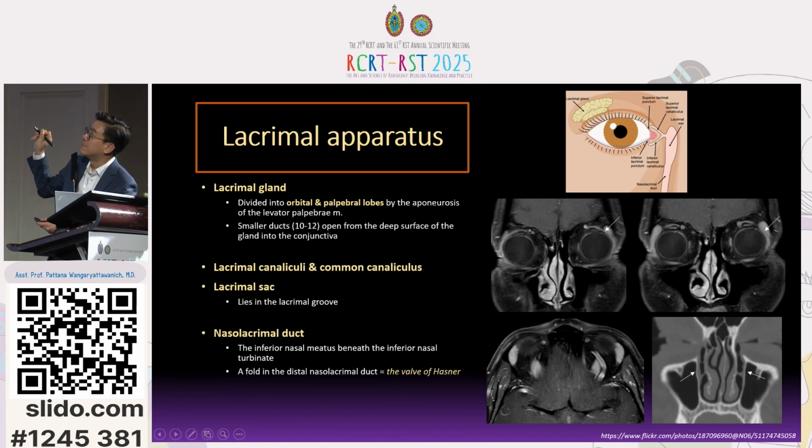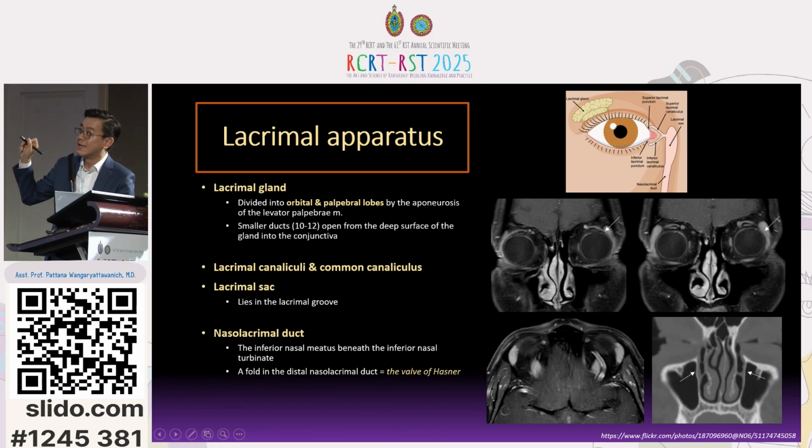It drains from the conjunctival surface into the lacrimal sac through the small canaliculi, and that's the common canaliculus. Eventually tears pass from the lacrimal sac through the nasolacrimal duct and open into the inferior nasal meatus.